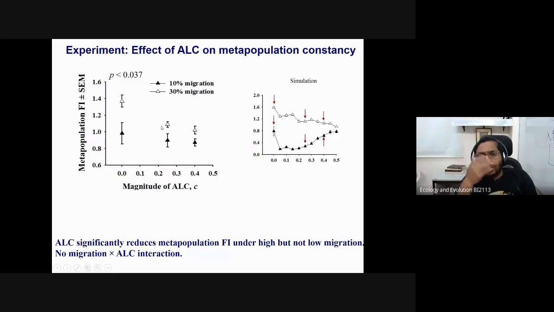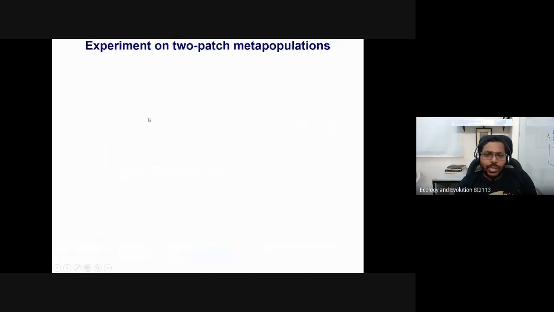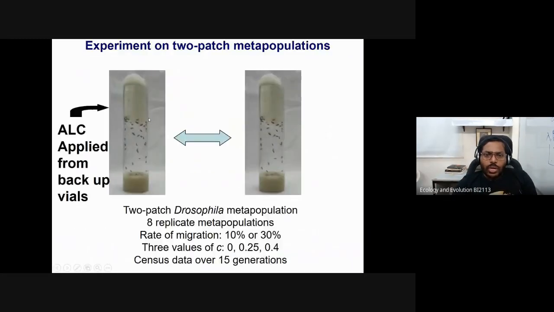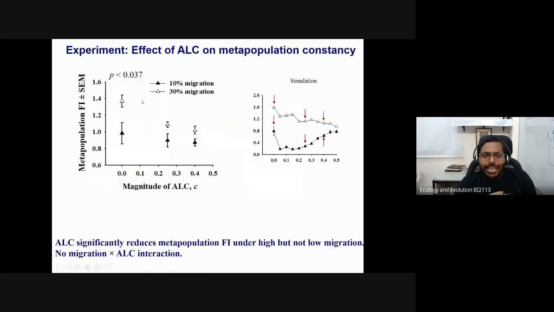Which in some sense is not very surprising, because it's only when the migration rate is high that the population is unstable, and you can only stabilize an unstable population. If the population is pretty stable to begin with, as you find over here, then it is hard to stabilize it further, because there is a residual amount of noise which will always be there. You can't do much about it.